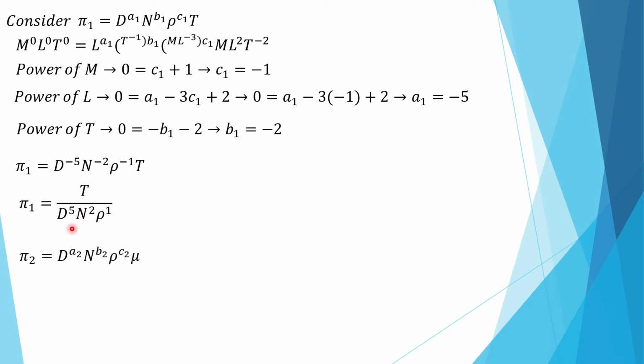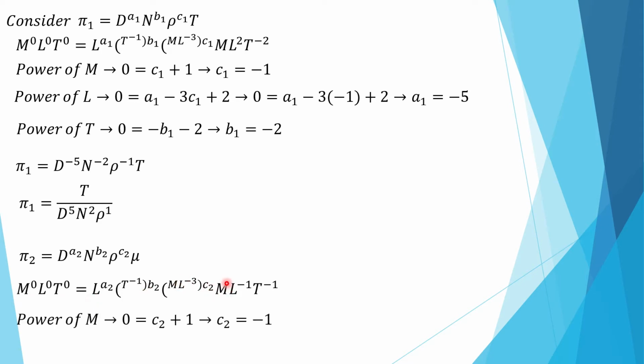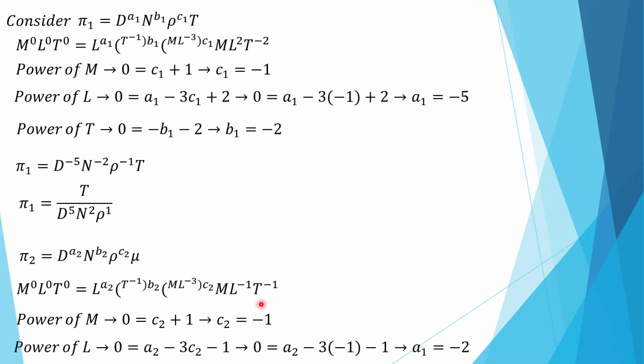Similarly, we will find the pi 2 term. Equating the power of M, 0 is equal to c2 plus 1. So c2 will be minus 1. Then power of L: 0 is equal to a2 minus 3 c2 minus 1. We will get the value of a2 after substituting the value of c2 in the equation, so a2 is equal to minus 2.